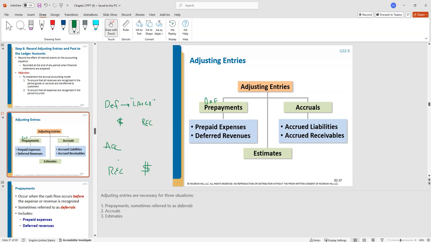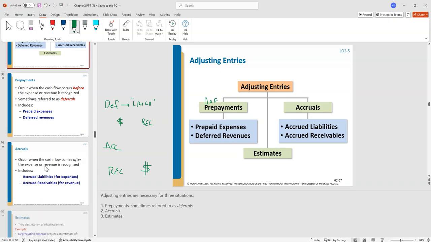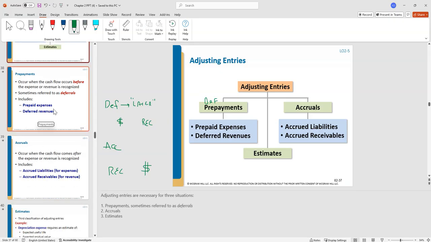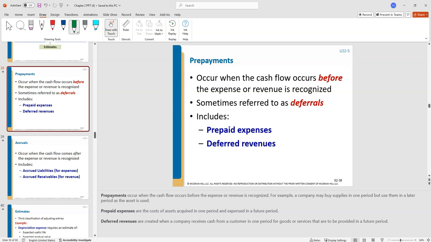So it could be an accrued revenue where we'll recognize the revenue in this period, but we'll only get the money for it next. It could be an accrued expense where we would recognize the expense in this period, but we'll only pay it next period. This will make more sense with examples. So this is what they're saying. It's cash before recognition on there.